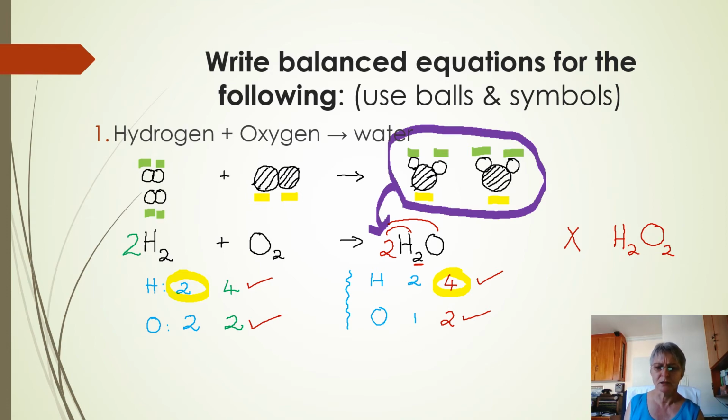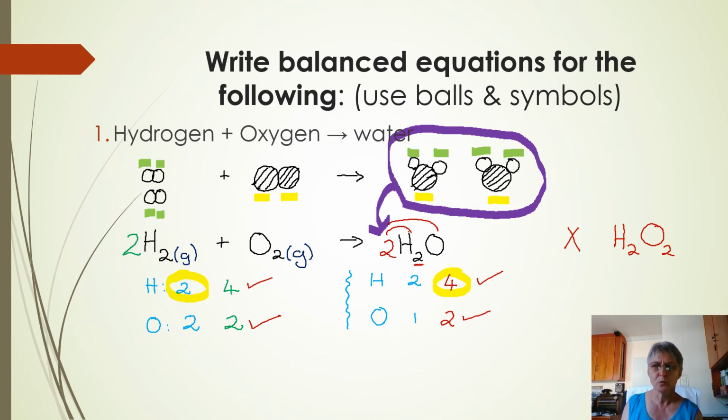Something else I would like to add into the symbol equation is the fact that we indicate the state of the substance. Hydrogen is a gas, and I write in brackets a little g after the formula for hydrogen. Oxygen is a gas, so I write a little g after the formula for oxygen.